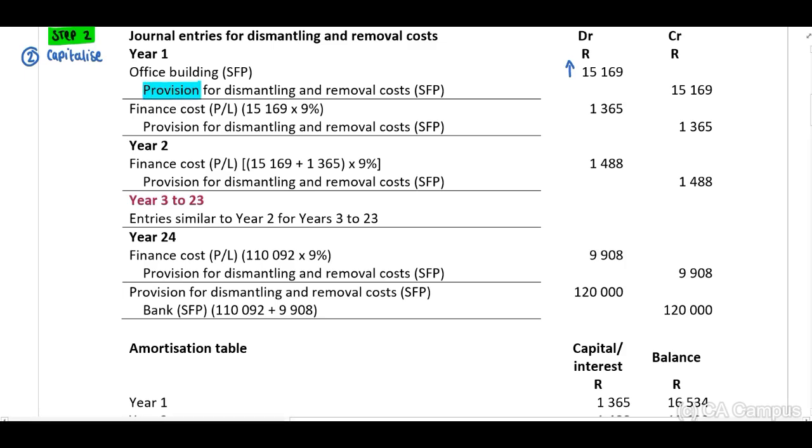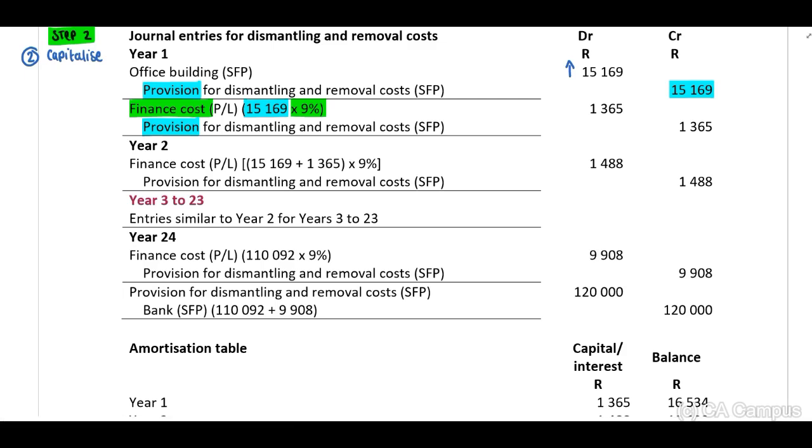Then at the end of year 1, we will have to credit our provision account and debit our finance costs with 9%, and we will use our balance of our provision, the 15,169 times 9%.